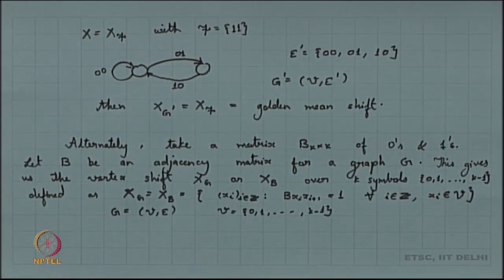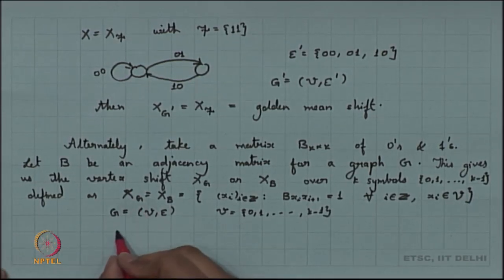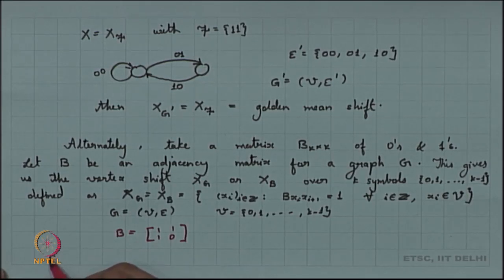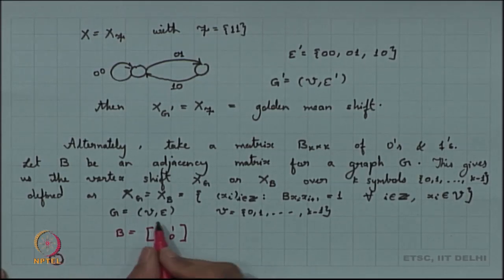Say for example, we can think of our B to be equal to, again we take this matrix 1 1 1 0, and for this we can easily define the vertex shift. Since I have this 2 cross 2 matrix, I have two vertices, I can label them as 0 and 1. And then I want to see whether between 0 and 0 there is an edge.